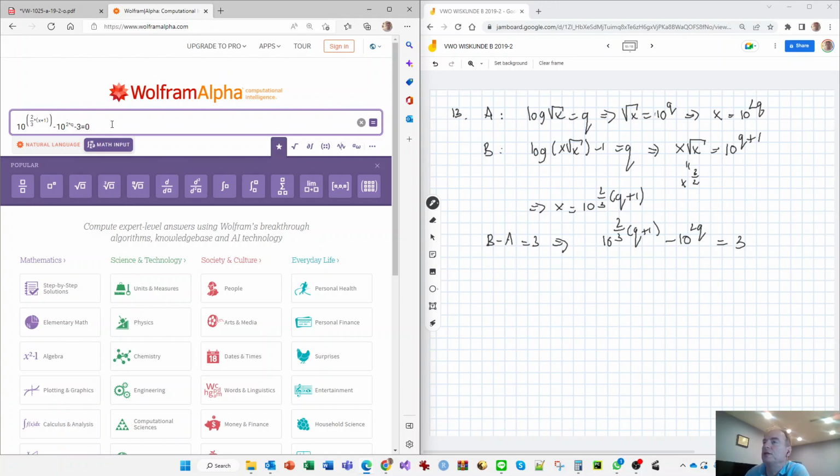Doesn't matter, I can put 3 to the right as well. Well, we have to solve this. What are the 0 points of this function?